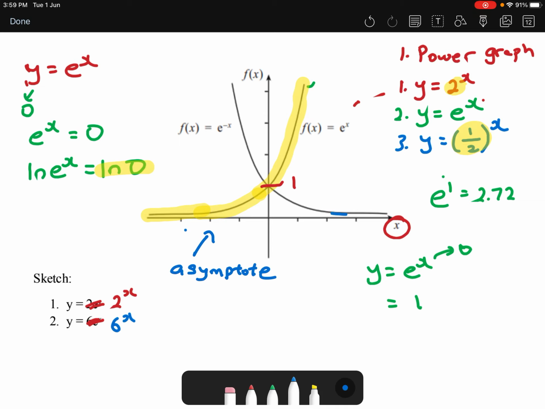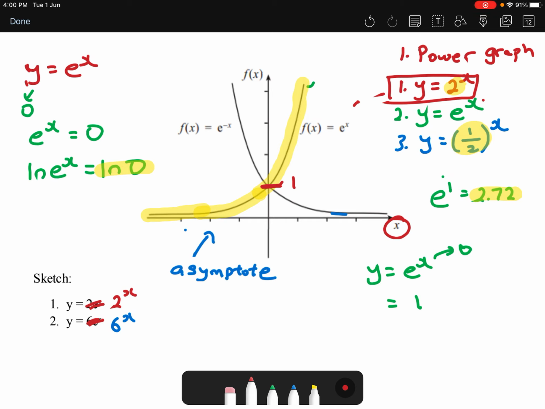Okay, so how do I sketch y equals 2 to the power of x? Same thing, our y-axis will be y. This curve will cut the y-axis at the y-intercept of 1. But if you compare 2.72 and 2, 2.72 is bigger, so it will rise faster and take off faster.